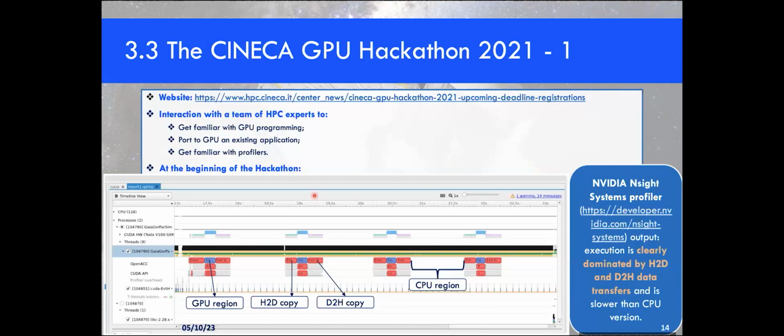The figure below represents the output of the NVIDIA Nsight Systems profiler, which can visualize the time of the different regions of the code, execution on the GPU, data transfers from the host to the device and back, and the regions running on the CPU. We can clearly see that the blue region, so the execution on GPU, is very subdominant with respect to the data transfers.